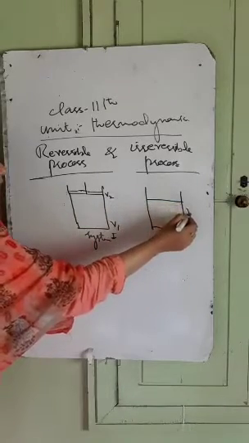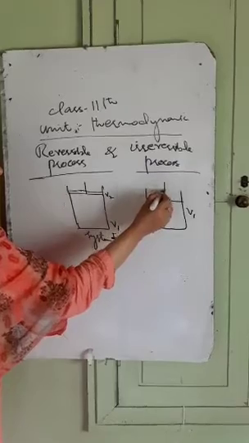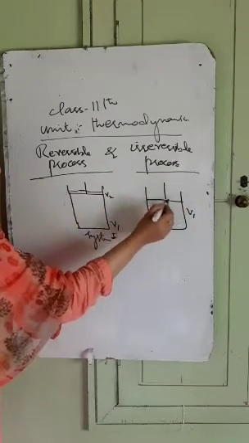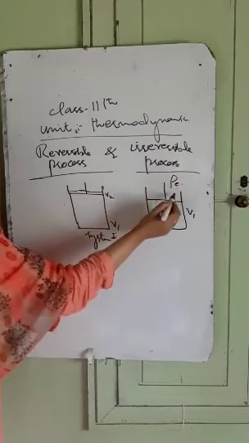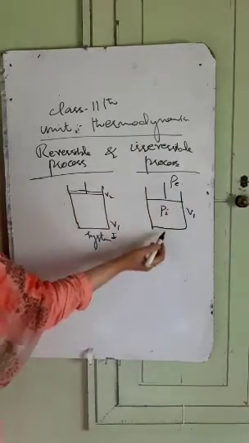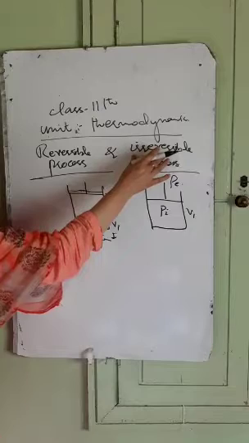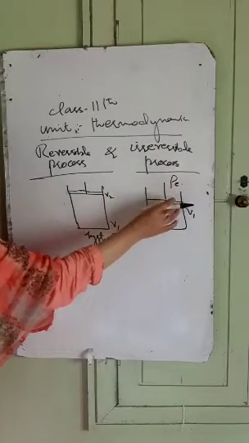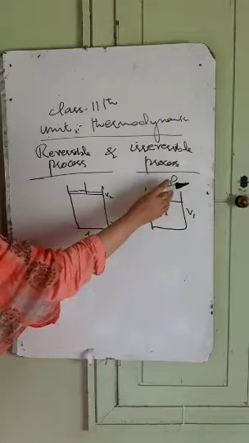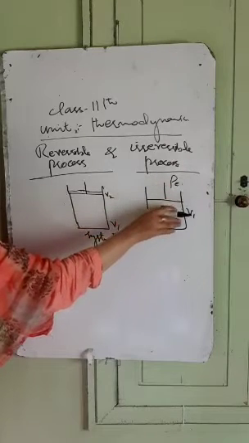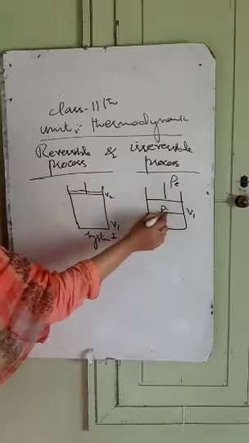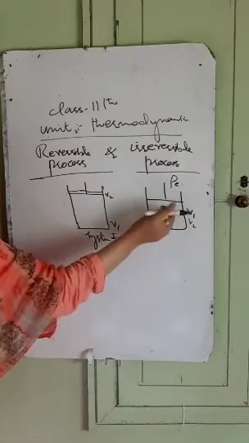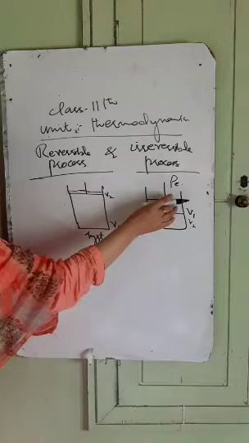For example, we have the initial system V1, and suppose this is the internal pressure, this is the external pressure. If the difference between the two is very large, the process is an irreversible process. जब ये process हो जाएगी, suppose if the internal pressure is less than that of the external pressure, the piston will move downwards and gets converted into another system having the volume V2, and then there is a large pressure difference between the two.